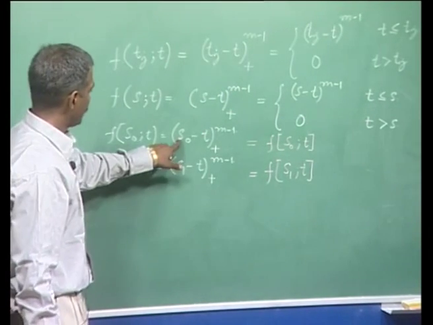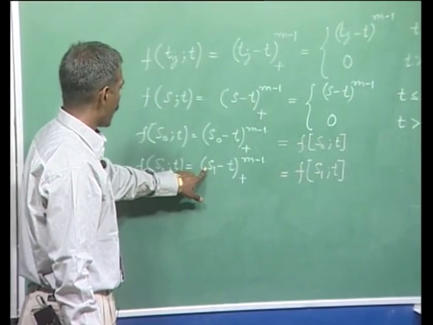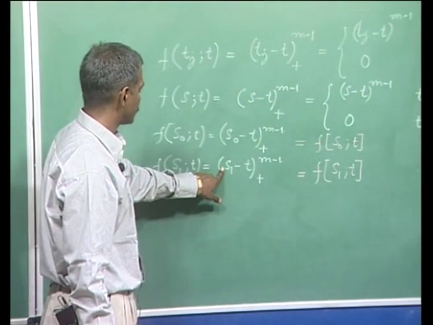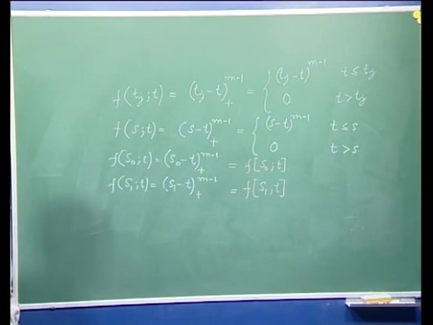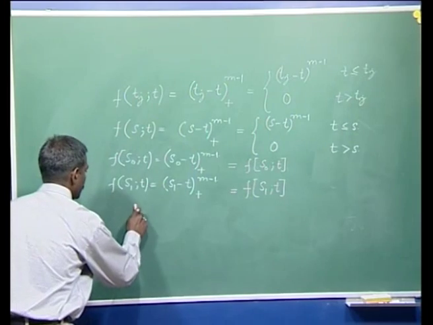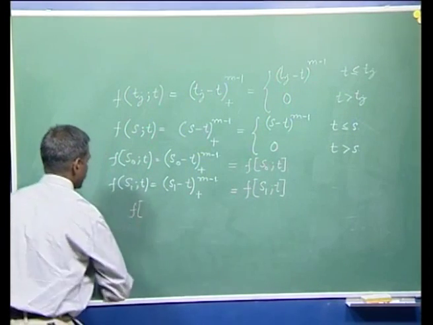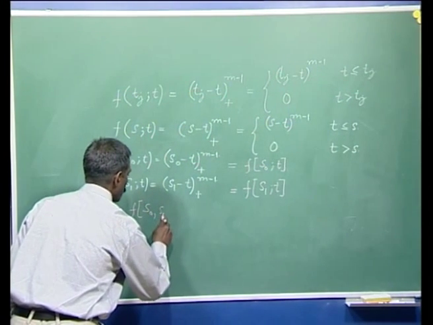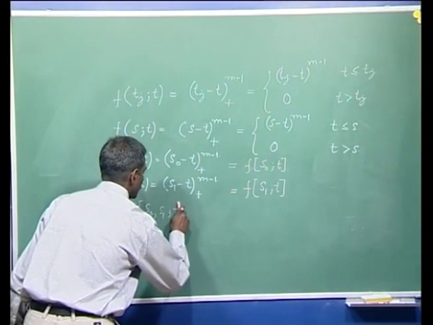Now, using s0 and s1, how do I compute the first divided difference? The first divided difference will look like f[s0, s1 : t].